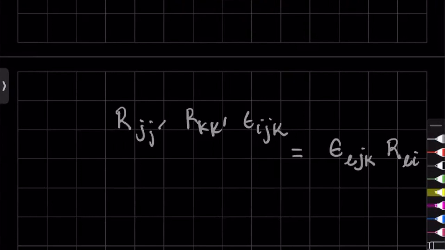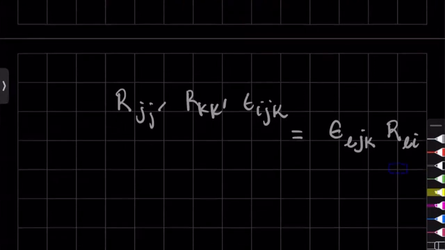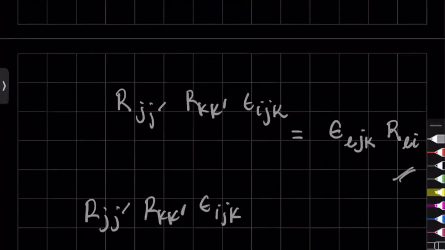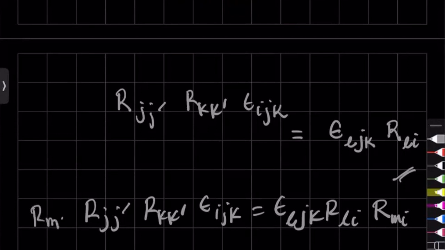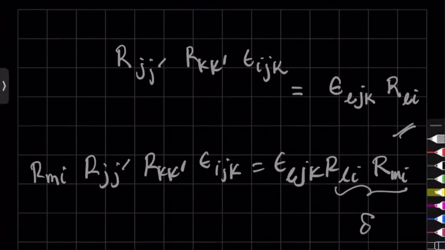So the idea is, if I now apply the inverse matrix over here, I should get R J, R K K prime, epsilon I J K equals epsilon L J K, R L I, and R M I. So I write R M I here, but R M I and R L I is going to give me delta L M, right?